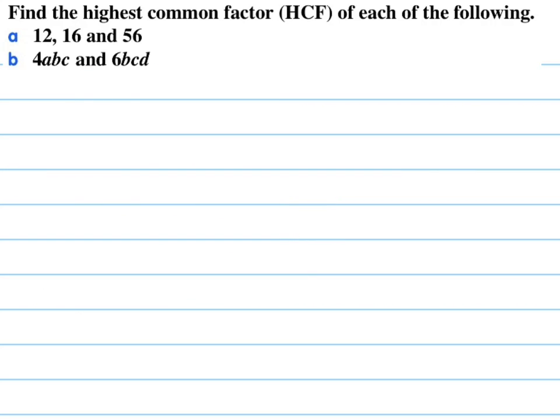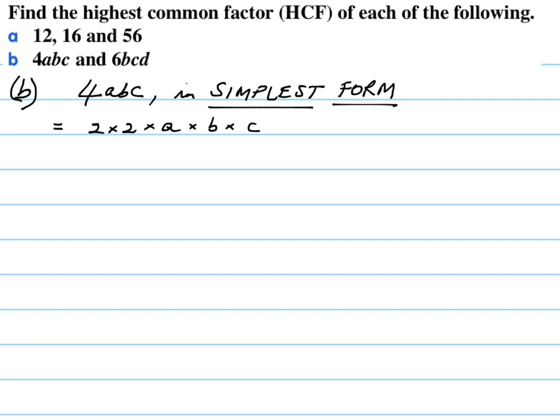Isn't that great? Now let's do part B with these nasty looking pronumerals in it. The procedure is exactly the same. We'll basically split those terms into their simplest form.